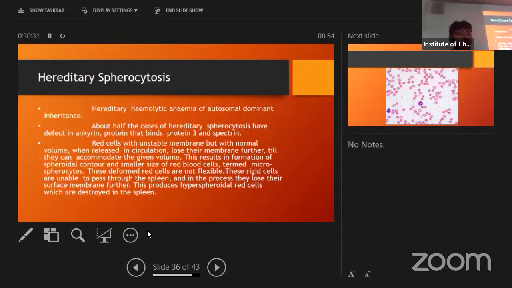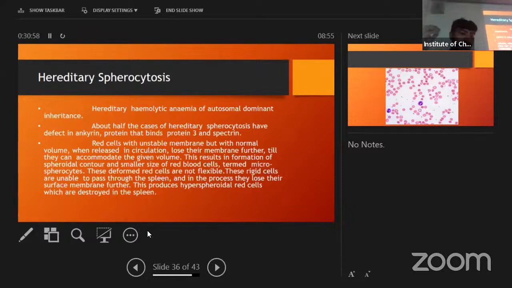Now, hereditary spherocytosis. It is basically autosomal dominant inheritance, and in most cases the defective protein is ankyrin, which binds protein 3 and spectrin as a bridge. Red cells are unstable due to this protein defect, and there is loss of membrane. So to accommodate the same volume, the red cell becomes spheroidal, and it is called a microspherocyte.